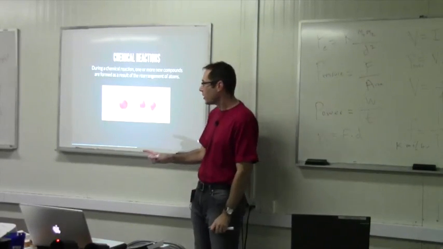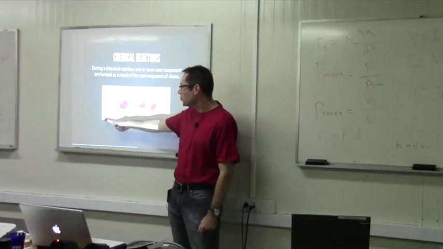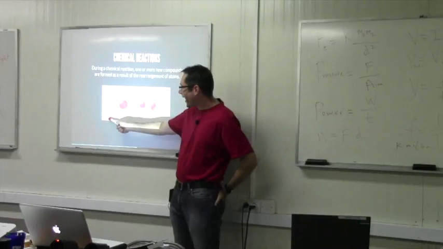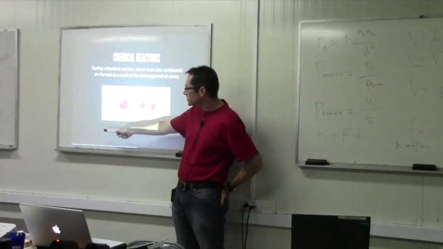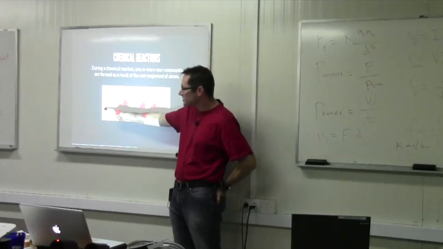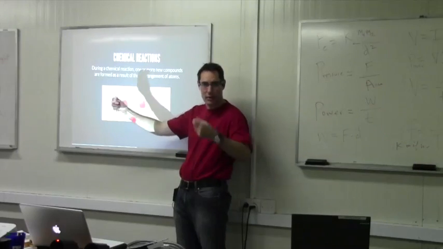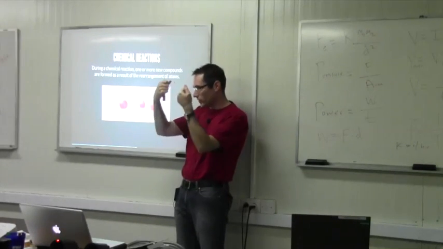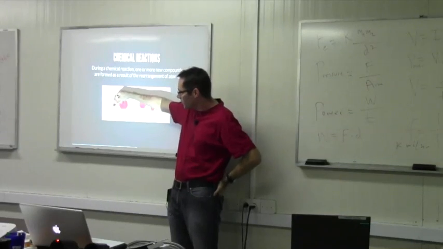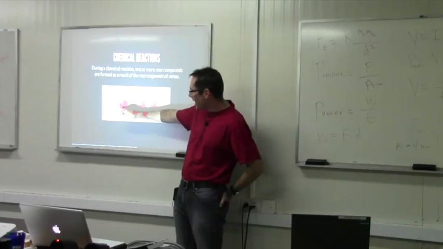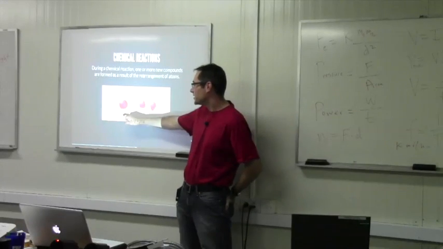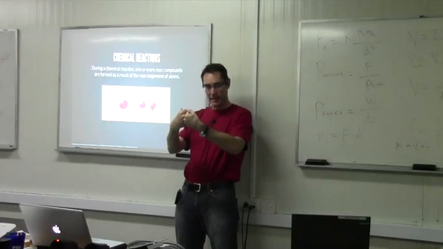Okay, so take a look at this one. You start with 2 H2 molecules. Those 2 hydrogen atoms together have a bond, and they're floating around the atmosphere. 2 of those, and 1 O2, which is 2 oxygen atoms together.